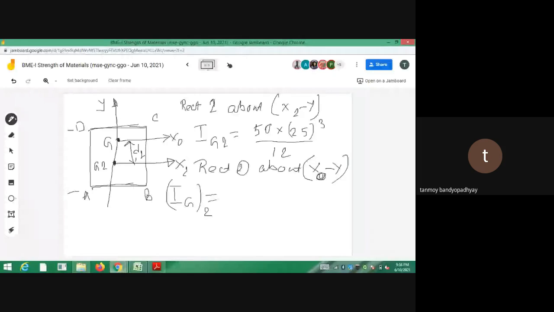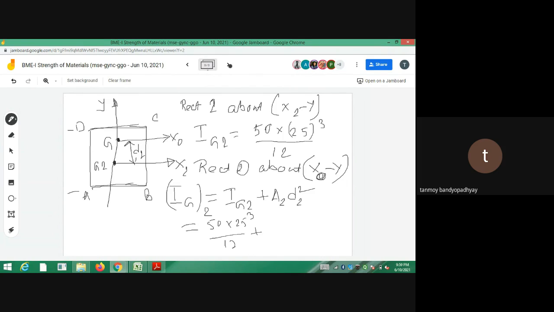That should be equal to IG2, the moment of inertia of the rectangle about its own centroidal axis, plus A2 into d2 square. This is how to apply the parallel axis theorem. So IG2 is 50 into 25 cube divided by 12, plus A2.